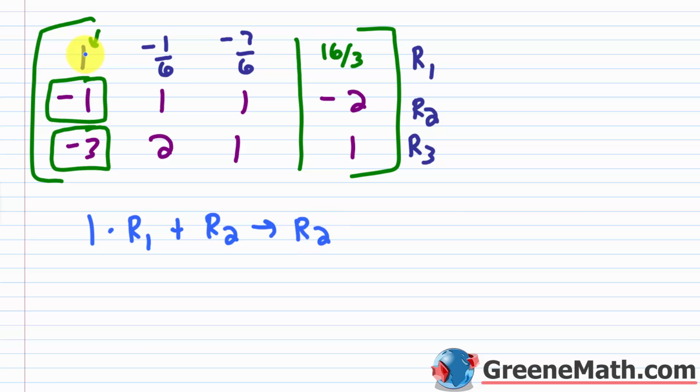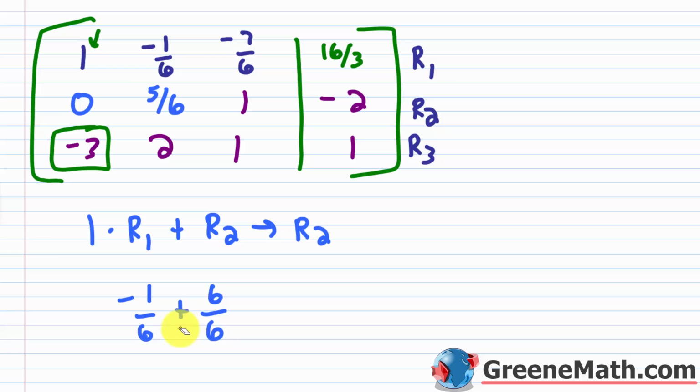So all I'm going to do is just add. 1 plus -1 is 0. -1/6 plus 1 is what? I'm going to write this as 6/6. And 6 minus 1 would be 5, so this would be 5/6. Then for this one, you'd have -7/6 plus 1.